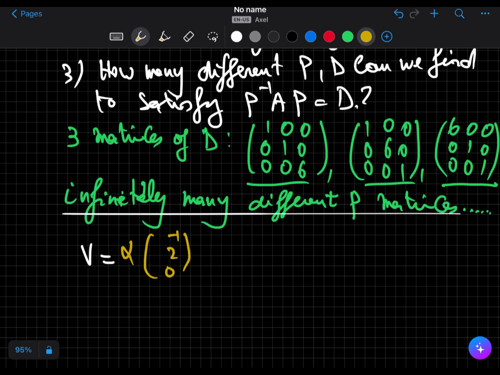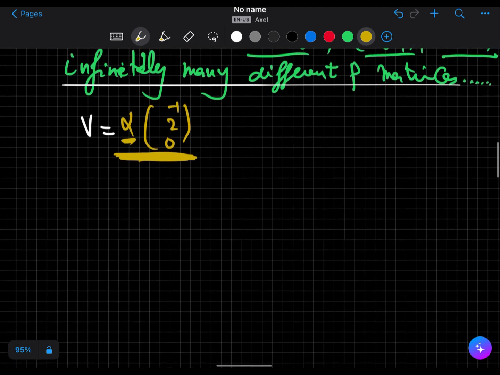So we can have infinitely many non-zero vectors of this form depending on the scalar alpha. That is why we have infinitely many P matrices.